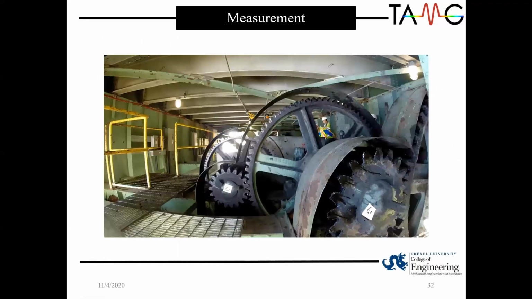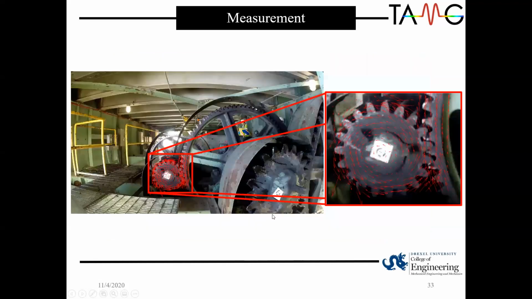So say I have this example. So you can see these gears turning, and using optical flow, then I can identify by how much these gears are turning, right? So we are basically calculating motion of gears based on a calibrated camera's images.